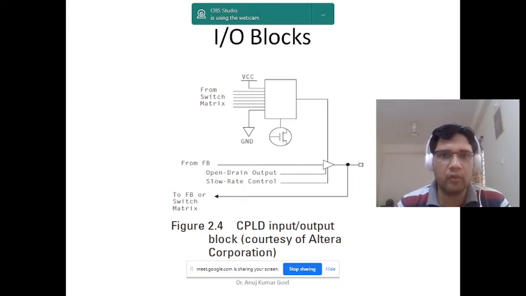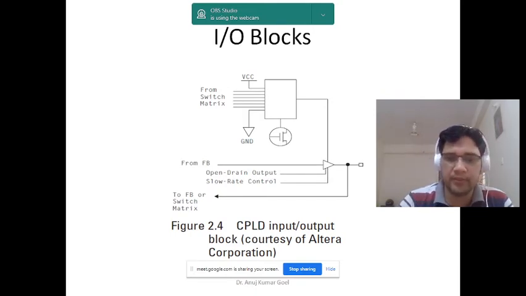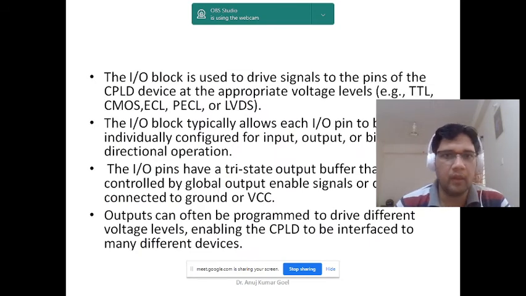For example, in a mobile phone, if you know the block diagram, different parts are there: a transmitter, a receiver, an antenna section, a few oscillators, then an LCD. In this way different elements are combined with each other. So the primary job of the input output block is to provide the appropriate voltage level.